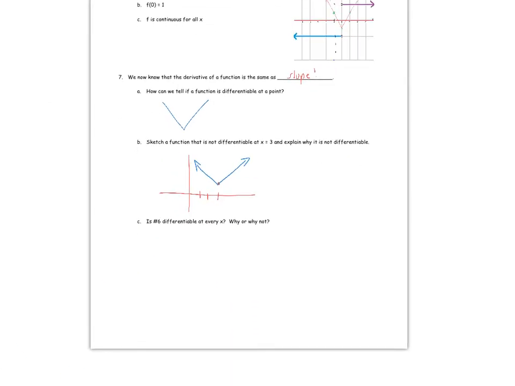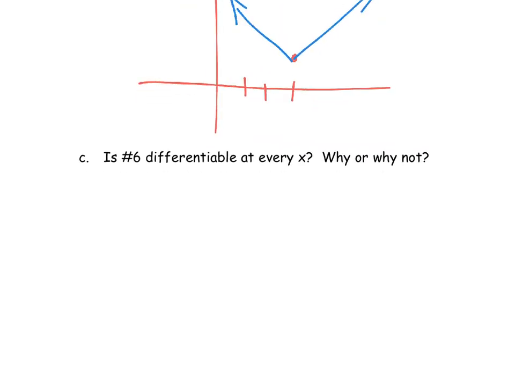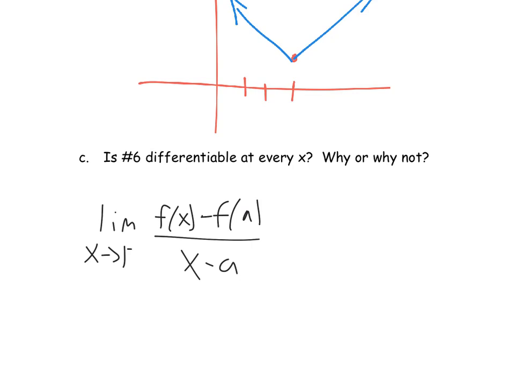Now, if you look at the handwritten key, you'll see how I wrote that using a limit definition. But remember, this limit definition, like the limit as x goes to 1 from the negative side of f of x minus f of a over x minus a, is not the limit of the function. This is the limit of what we call the difference quotient, which is the definition of derivative.